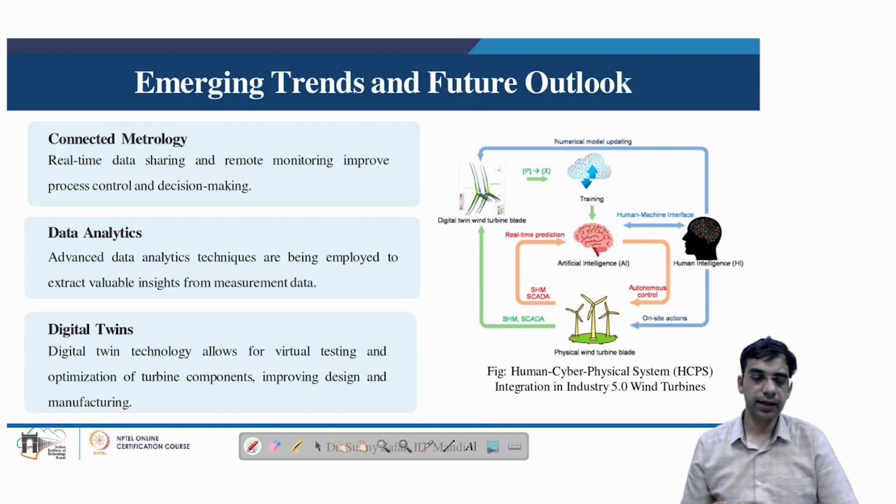Data analytics are advanced techniques employed to extract valuable insights from measurement data, and creation of digital twins allows for virtual testing and optimization of turbine components, improving design and manufacturing of such components. So by utilizing these concepts of digital twin with structural health monitoring, artificial intelligence, autonomous control, and of course human intelligence with a coupled human-machine interface, we can say that these modern trends of metrology will be in place in coming times in the industry.